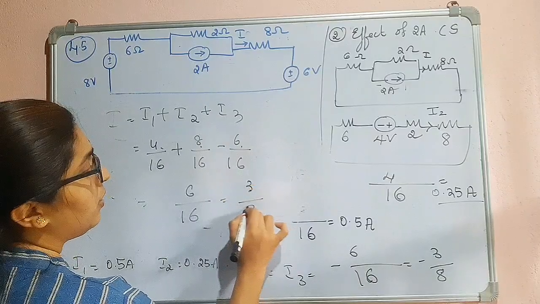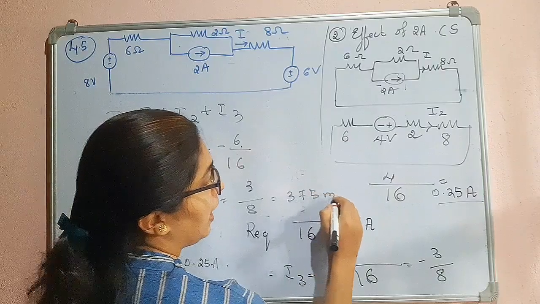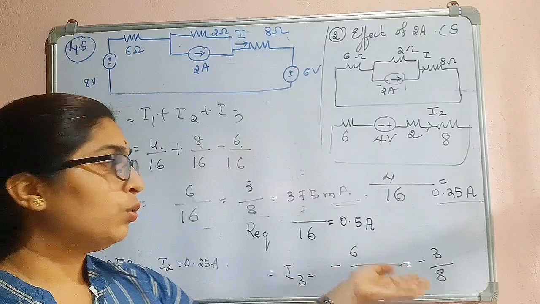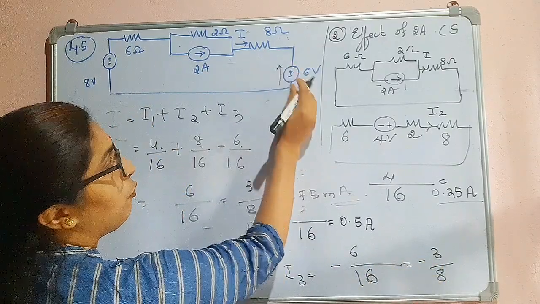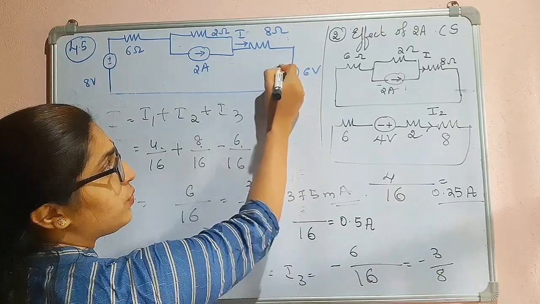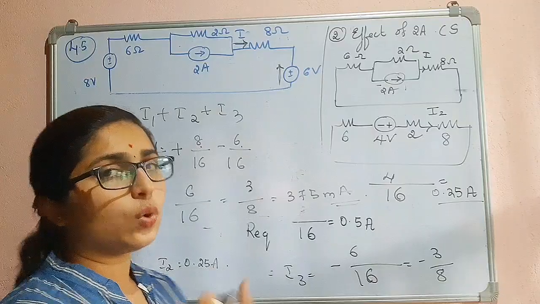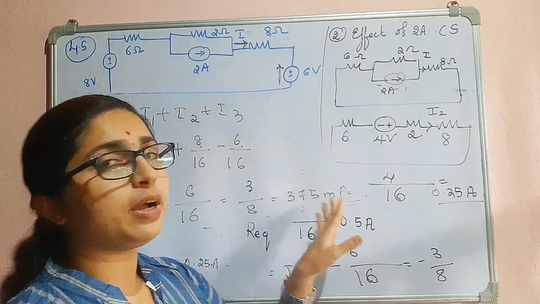So it is 3 divided by 8, that is 375 milliampere. You know why I have taken minus? Because of the 6 volt source, the current is flowing in this direction, but the mentioned direction is this one, so it will be negative. So the answer will be 375 milliampere.